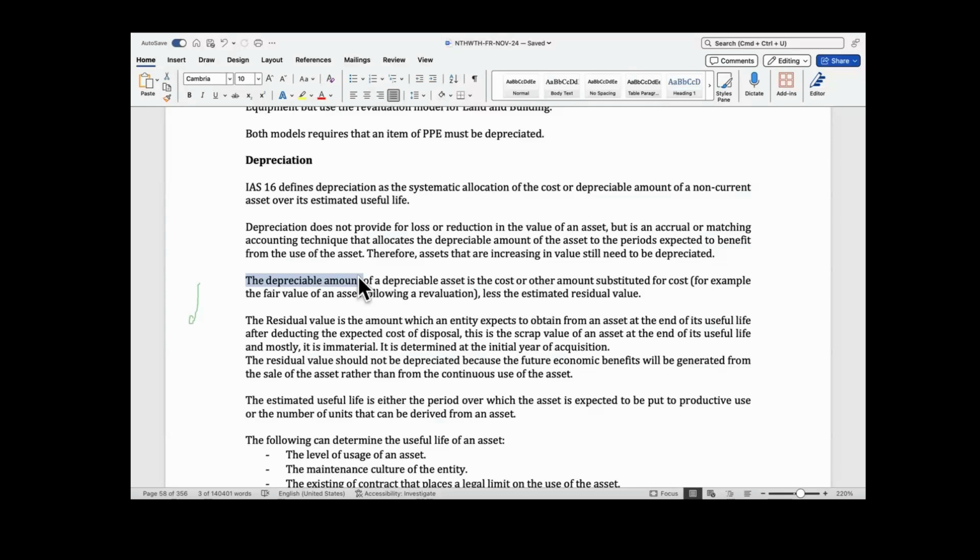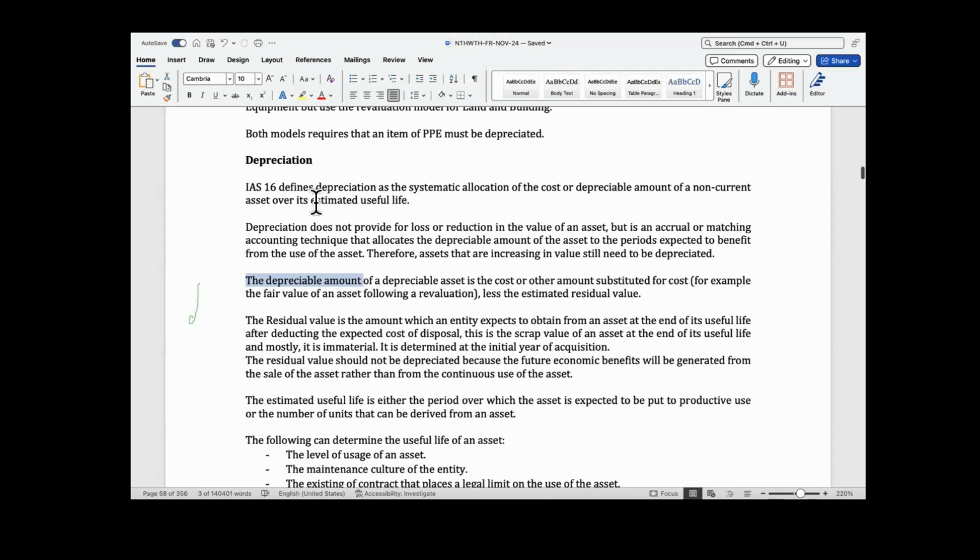We are not using it, so there is no point depreciating it, because the whole idea of depreciation is that the portion we have used, let's expense it. Of course, the remaining portion that we are not going to use, we call it residual value. So your depreciable amount is cost less estimated residual value.